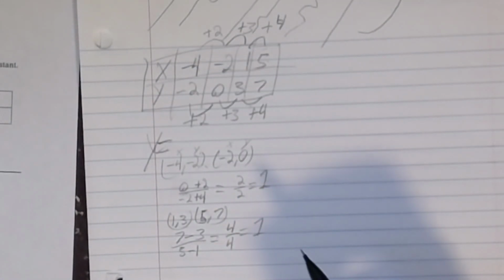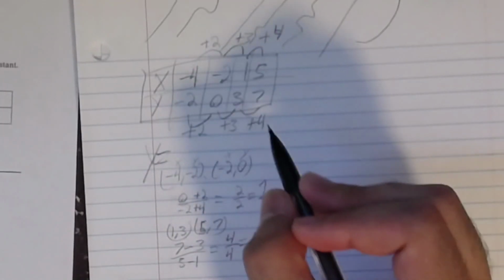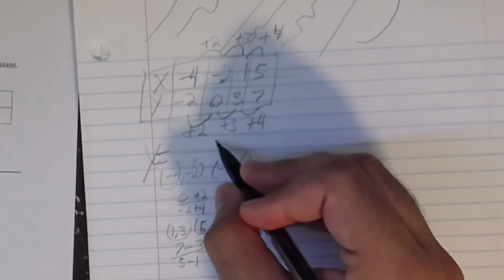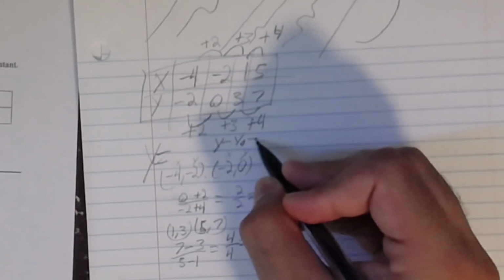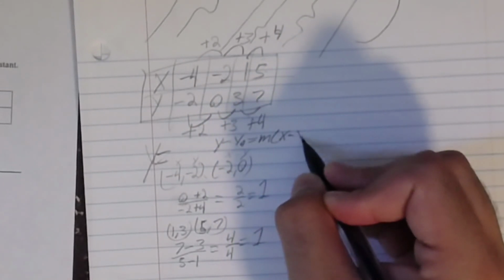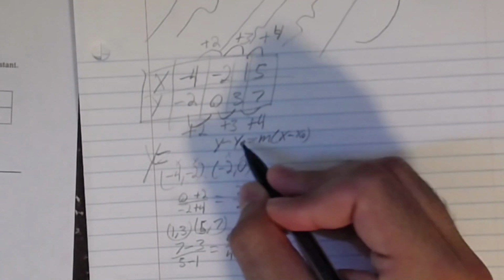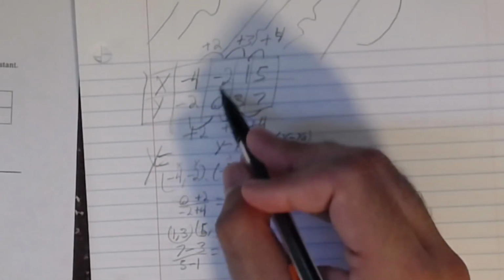I can't figure out the function, or well, I can now, because once I have the slope, I can figure out the equation. So the equation of a line is y minus the 1 point that we have equals the slope times x minus whatever the other point. Say we pick any point, say that this is our point, this entire thing.